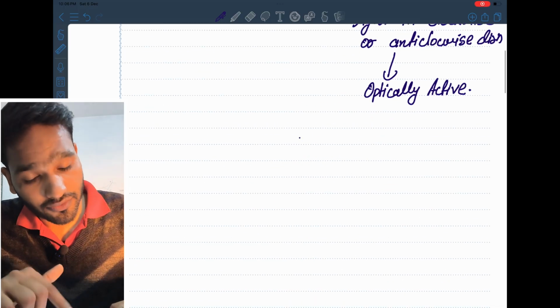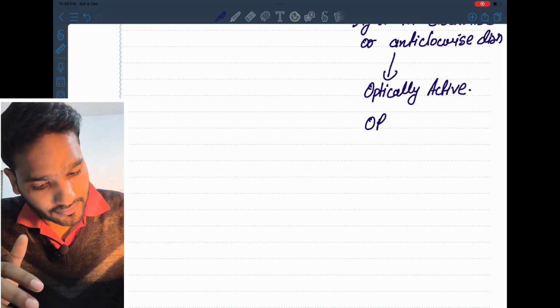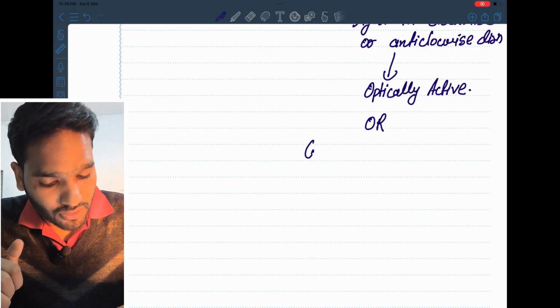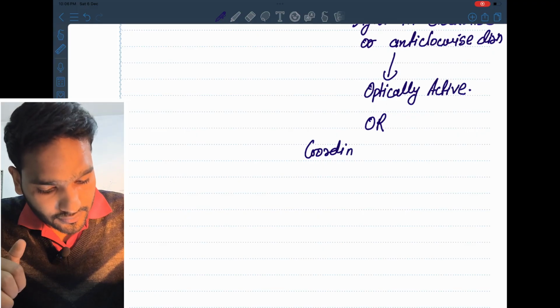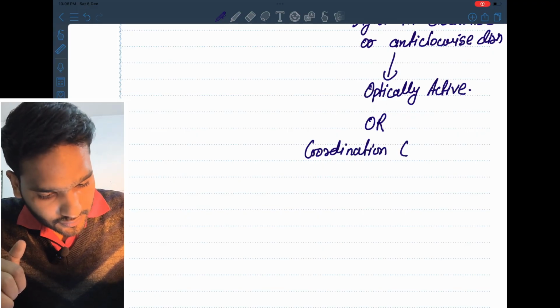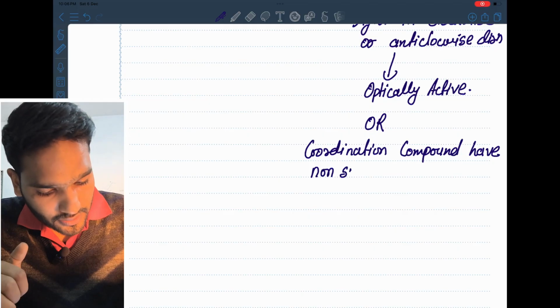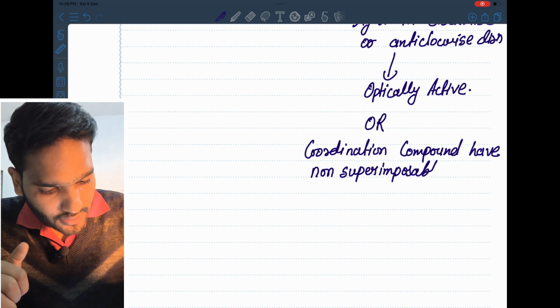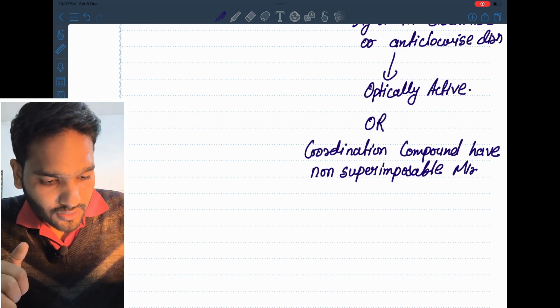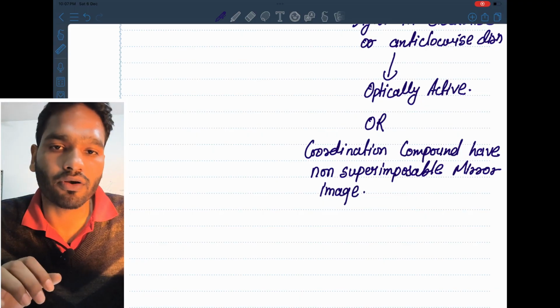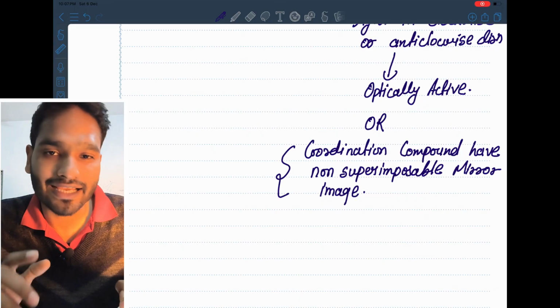Okay, so we also say that if the coordination compound has a non-superimposable mirror image, that compound will be called optically active. So you will check the mirror image.